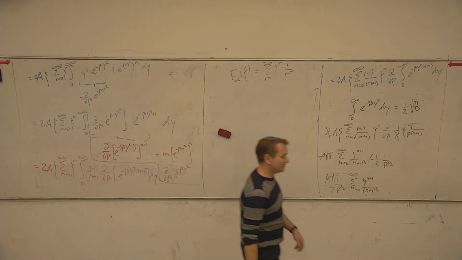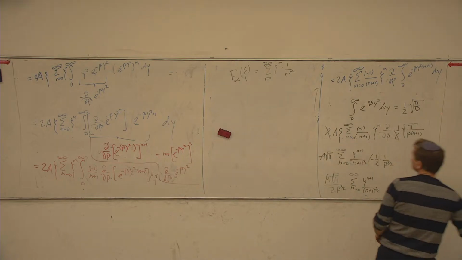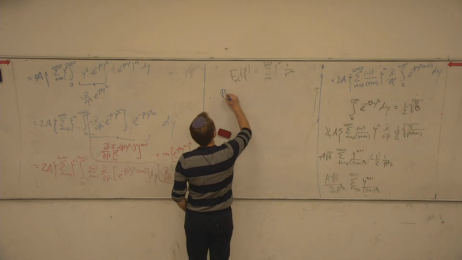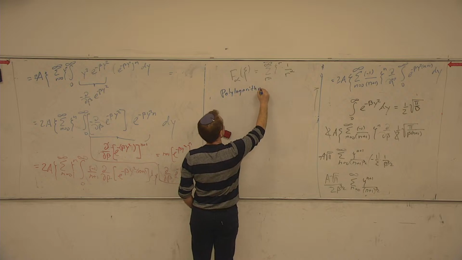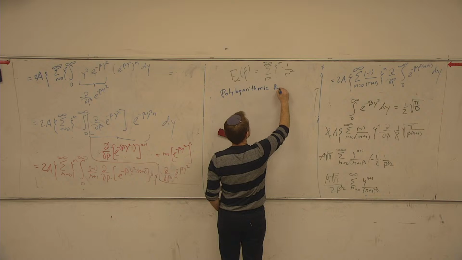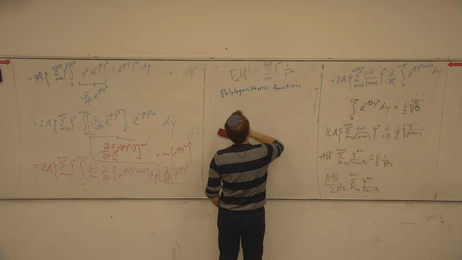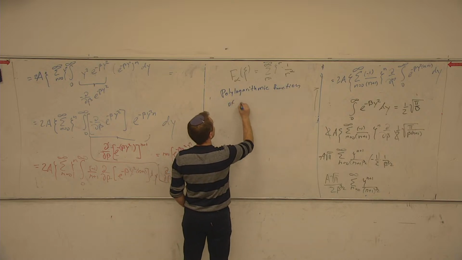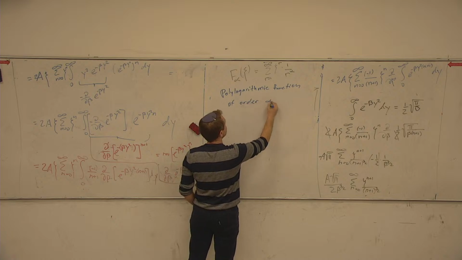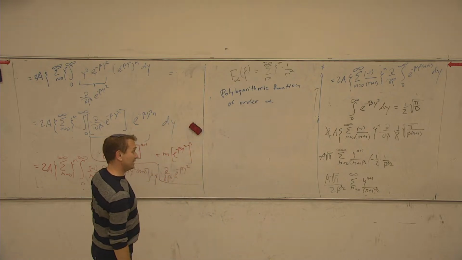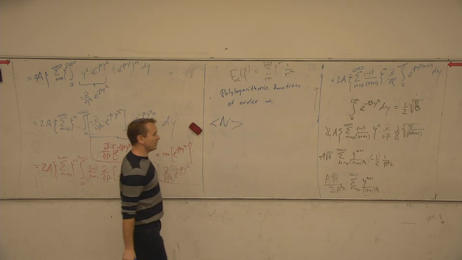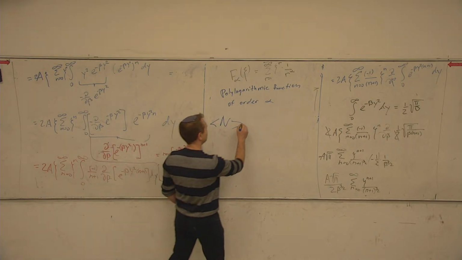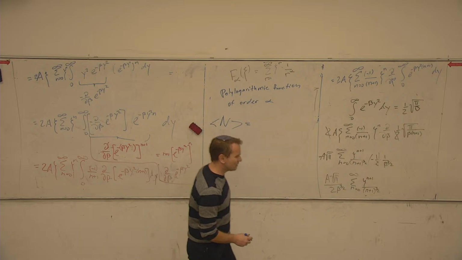So this has a name, this is a special function called the polylogarithmic function of order alpha. Finally, we obtain that the average number of particles inside the system is A. Do you remember what A is?